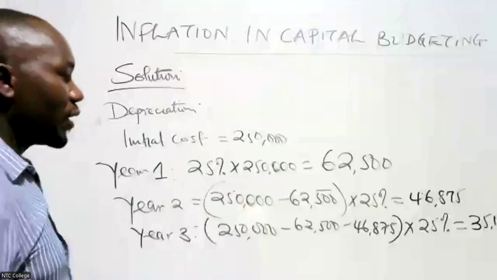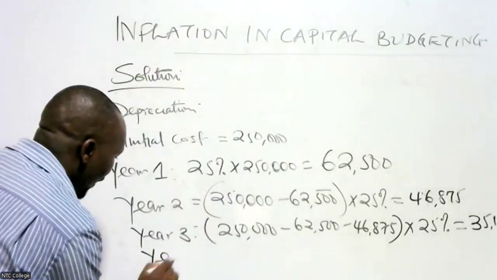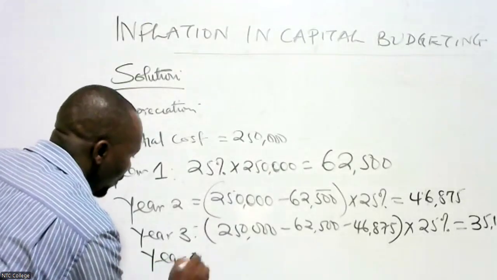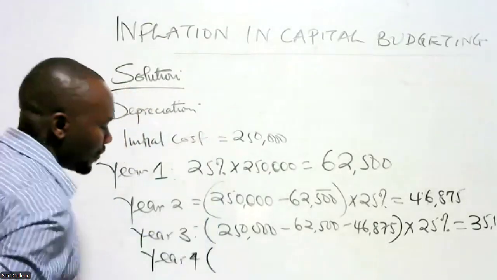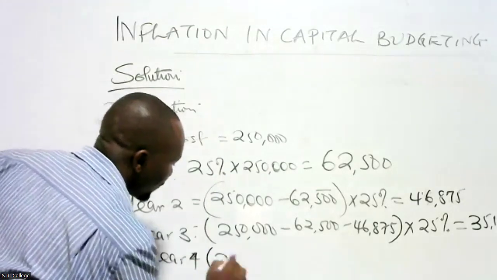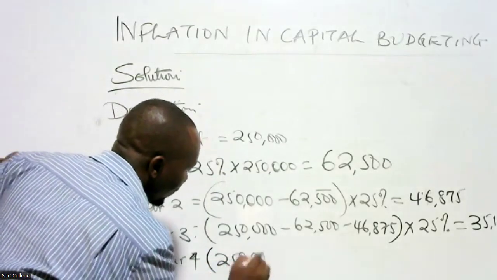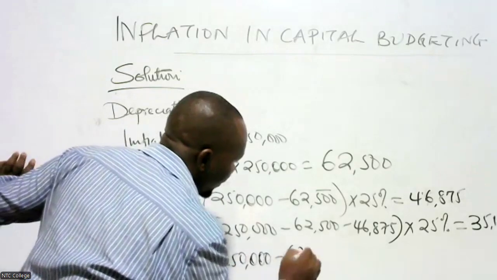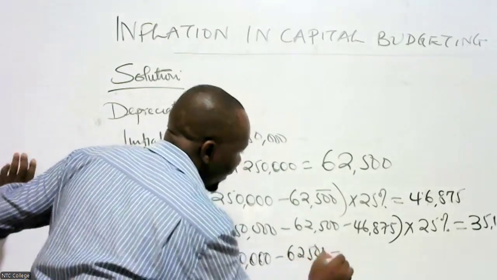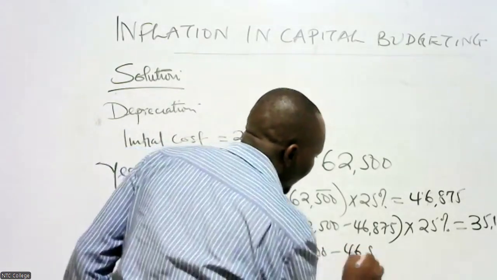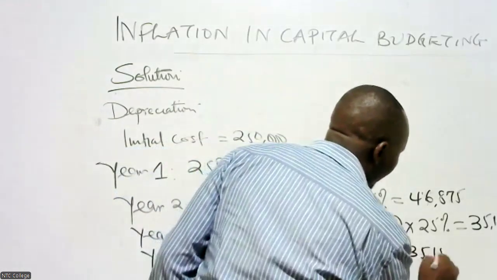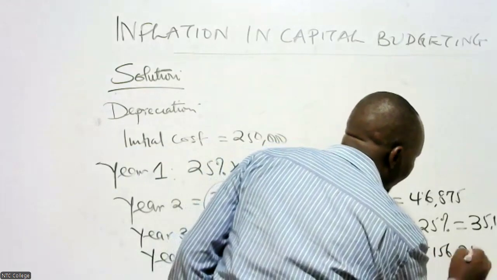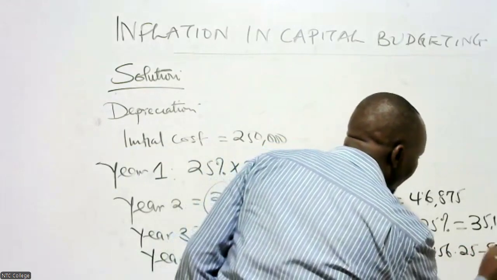Now, fourth year, we are told that we need at the end of year 4 to have the balance, which is only 5,000. So we have 250 minus 62,500 minus 46,875 minus 35,156.25 minus 5,000.